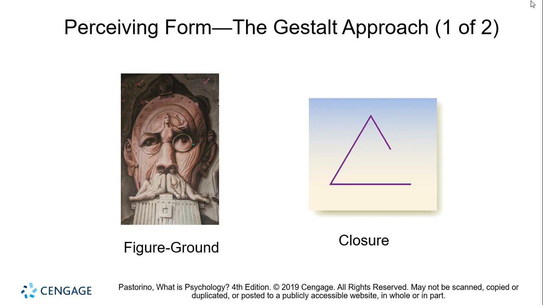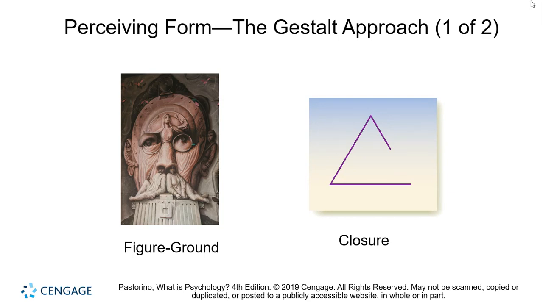Another thing that your brain will try to create or perceive is a difference between the figure and the foreground, or I should say the background. In anything you look at, you will automatically focus on something that is the image and then whatever is in the background.